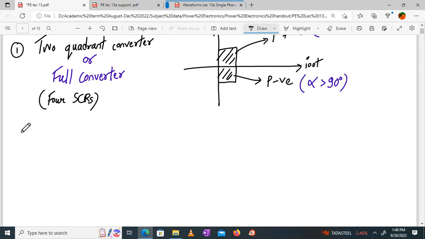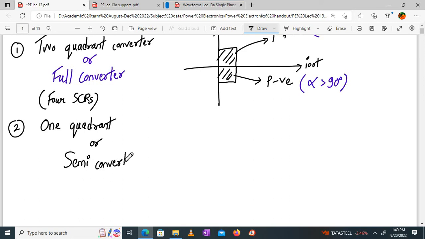Second, we are going to start with the one quadrant converter, or it is called a semi-converter. In a semi-converter, we have two diodes, power diodes. Whenever I say diode, it means power diode in power electronics, and two SCRs.